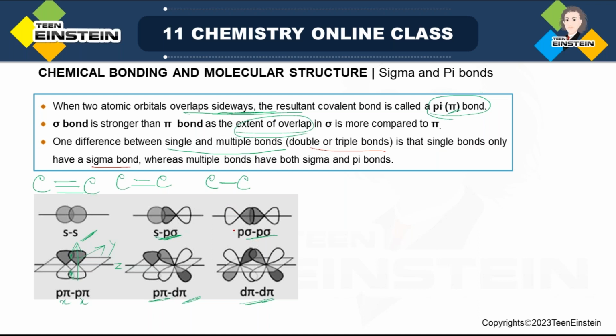That is a very rare case. So it is always sigma. But in multiple bonds, one of them will be sigma and the rest are pi. In CC triple bond there is one sigma and 2 pi. There is one sigma and 1 pi in case of CC double bond. In case of CC single bond, there is a single sigma.